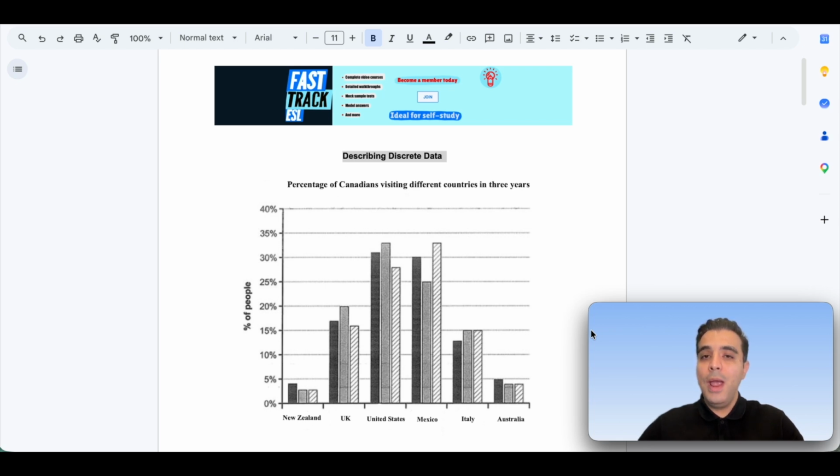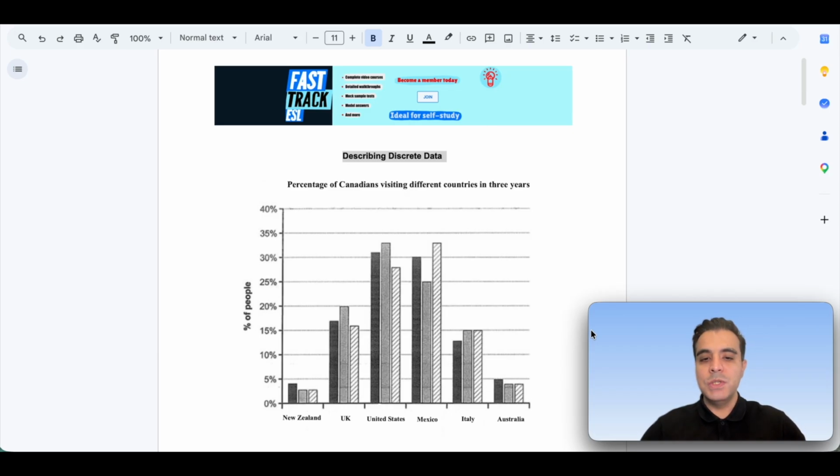Yes, we do have years here. We do have different years, but we're not interested in saying whether the number of Canadian tourists increased or decreased, but rather we're trying to look at the data, the numbers, the figures across different categories.